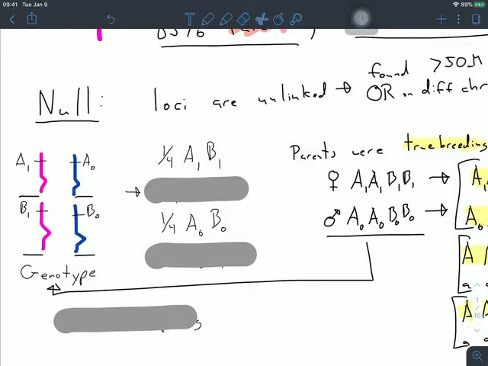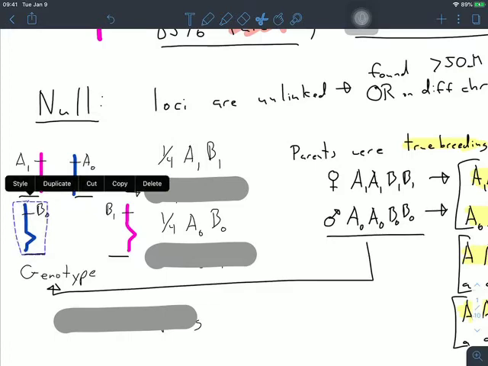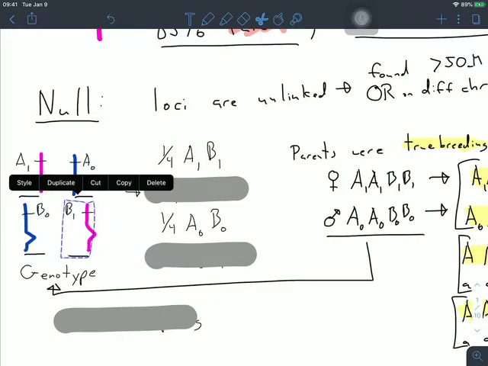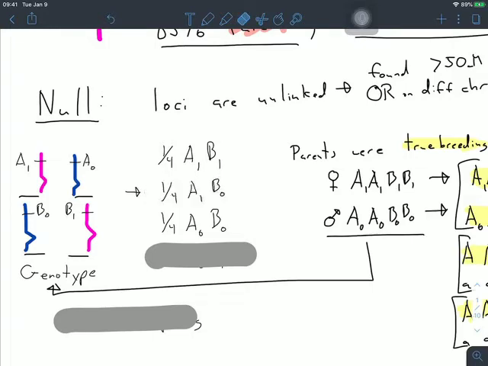Alternatively, if these chromosomes lined up so that the A0 was next to the B1 and the A1 was next to the B0, you would expect that 1/4 of the sperm or progeny would be A1, B0, and another 1/4 would be A0, B1.